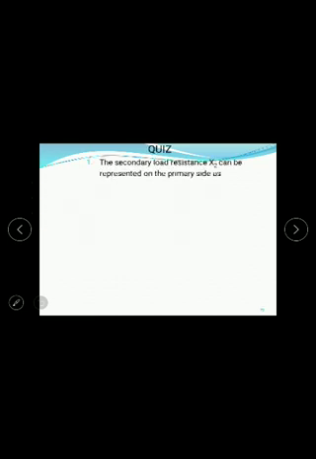Next, quiz. The secondary load resistance R2 represented on the primary side is nothing but R2 by K square. This is the answer. When a transformer has a turns ratio of 4:1, the resistance of the HV winding is 8 ohms and that of the LV winding is 1 ohm.